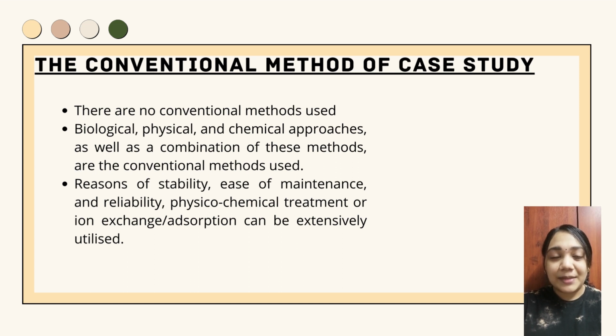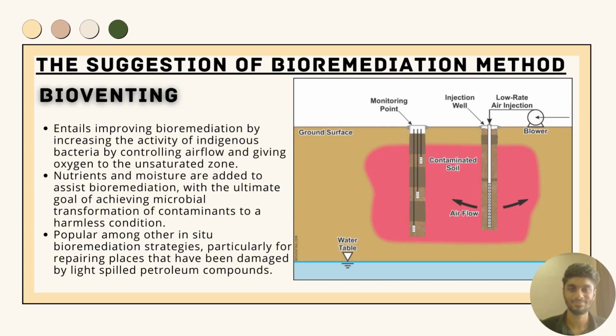But in my suggestion, for reasons of stability, ease of maintenance, and reliability, physicochemical treatment, ion exchange, or adsorption can be extensively utilized. Moreover, the physicochemical removal of pollutants using activated silica powder also can be done with activated carbon and also precipitated calcium carbonate in coagulation and flocculation methods.